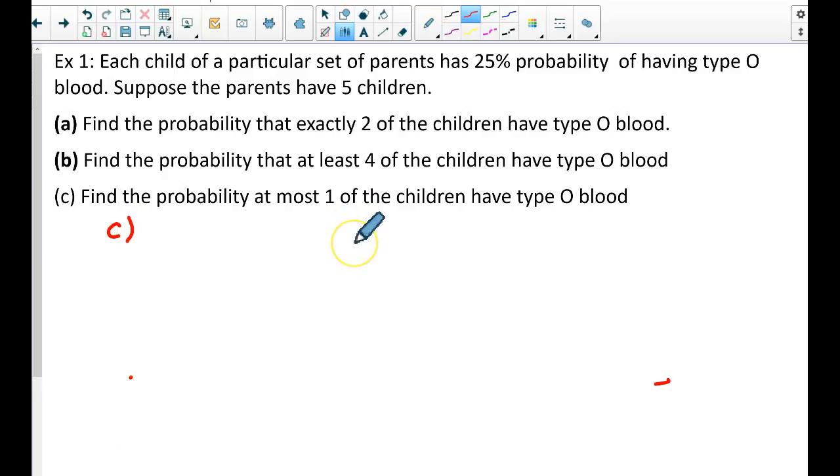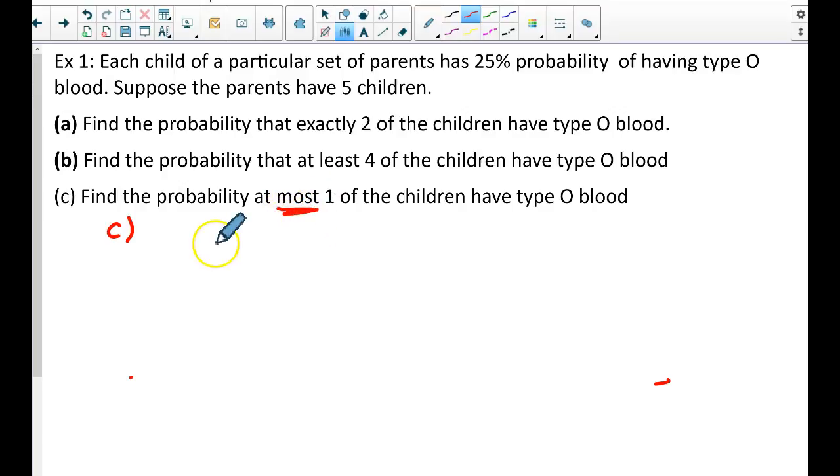For part C, we want to find the probability that at most one of the children has type O blood. And so in order to do that, it's a similar scenario, but at most means something else. It means that is the maximum number K could be. It could also be less. Well, what could it go down to in this case? 0.